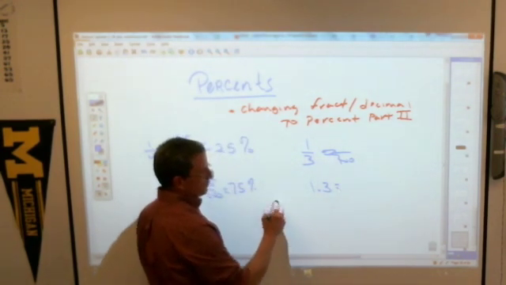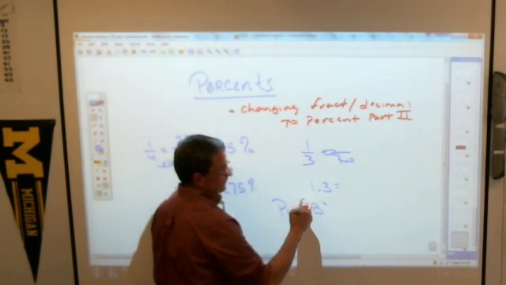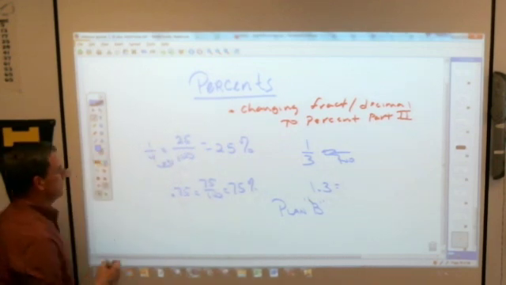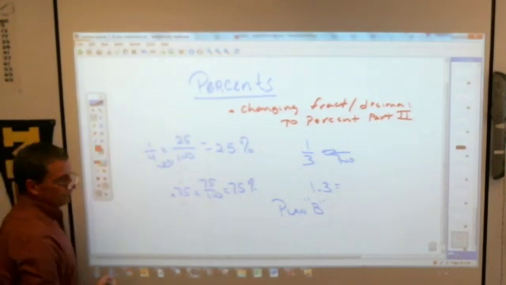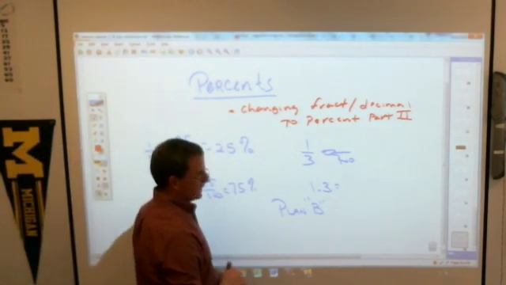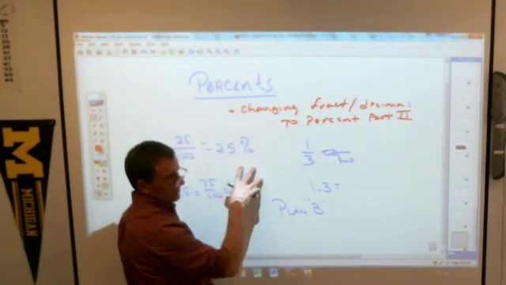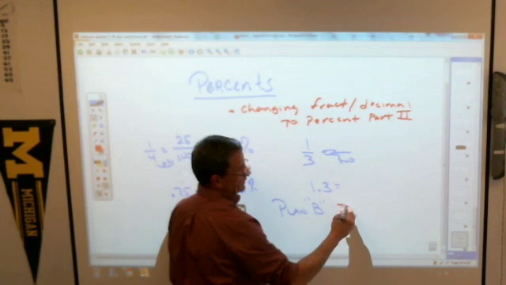And here is our plan B. You can write this down. If you cannot do these two things like we did over here, there's one surefire way to change any number to a percent. Okay, and if you can do it this way, do it this way by all means. But if it's this and this and you can't figure out how to do it, right here, write this down.